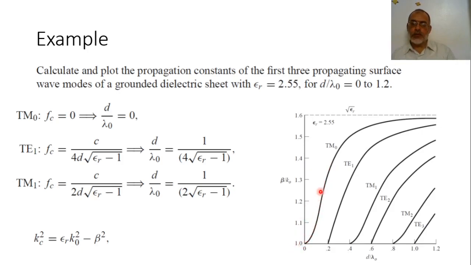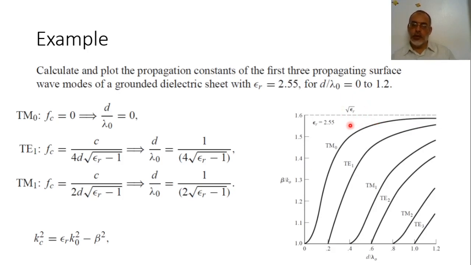Here, as a function of d over lambda, we can draw the value of beta over k naught for the different modes, and it can be noted that the limit for the value of beta is the square root of epsilon r.